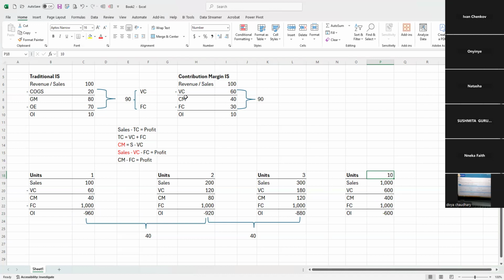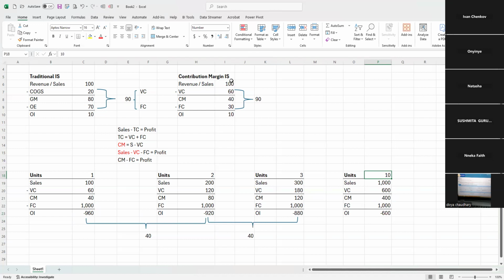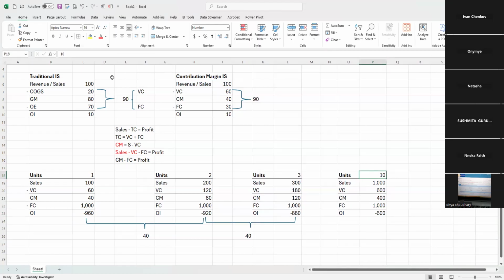Let's see another interesting thing that we can draw from here. When we do ratio analysis and common size ratios, we already know that sales are always 100%, correct? It's always 1 or 100%.